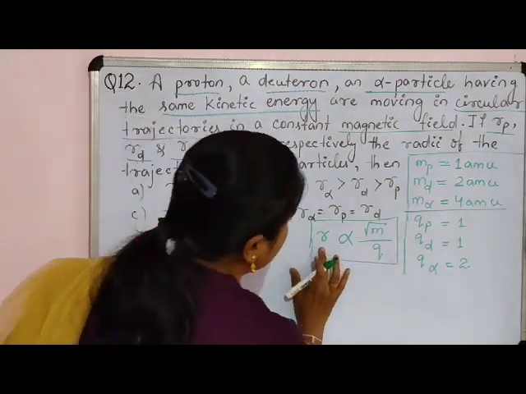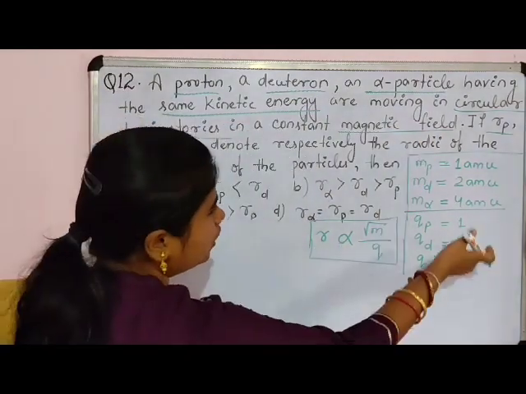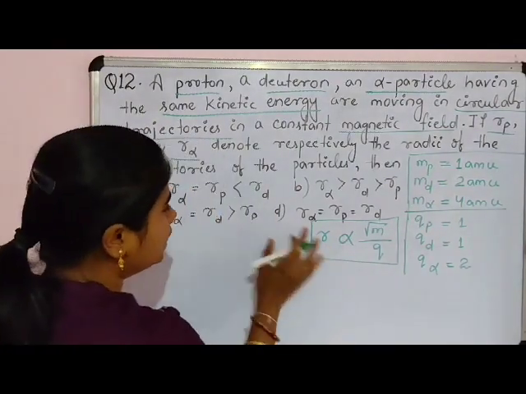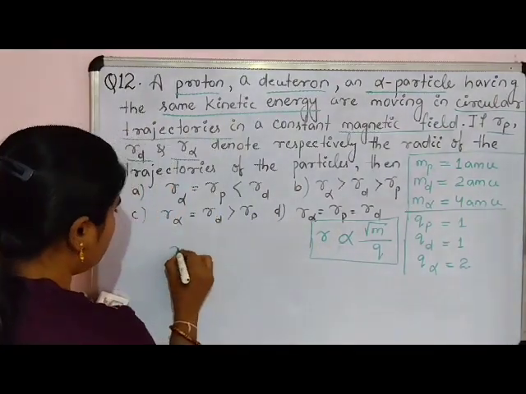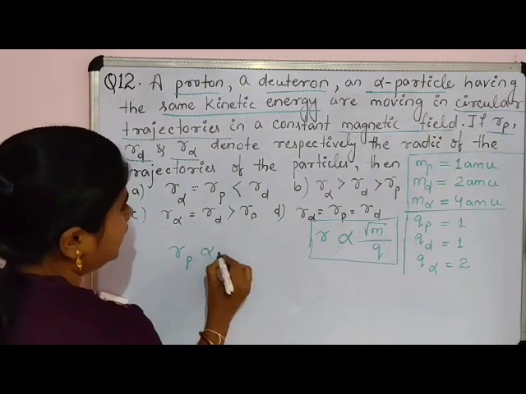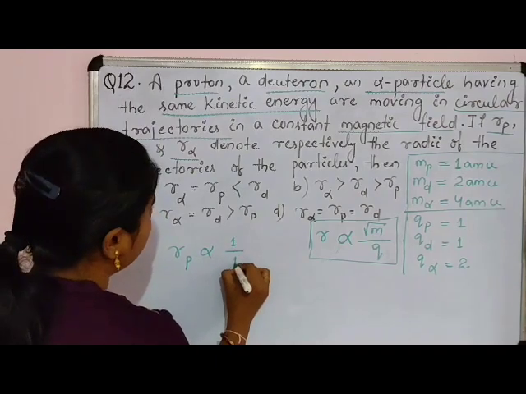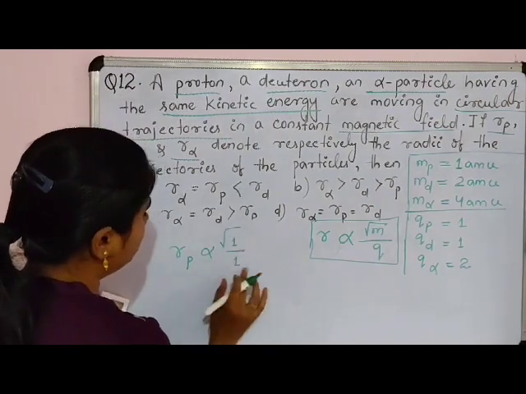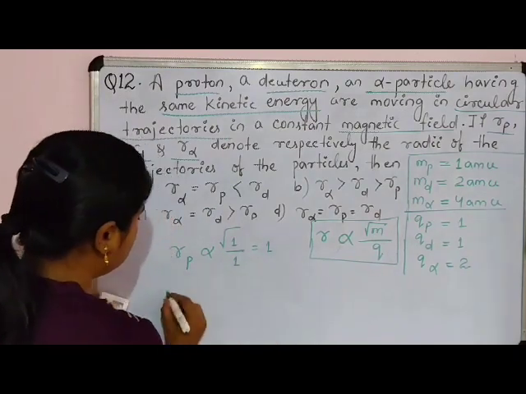So now you can see, we should put all the values in this expression so that we can get the correct relation. First of all, for proton, I can write the square root of 1 divided by 1, that is equal to 1.